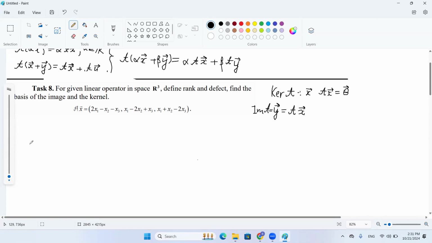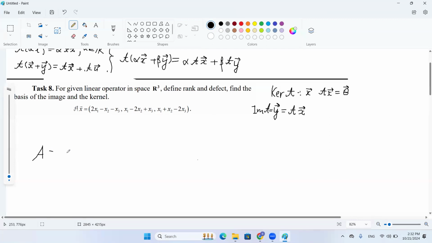Defect is when operator A, the dimensionality of the kernel, it's called defect A. Yeah, so it's the dimension of the kernel. And the dimension of the image is called rank. Yeah, correct.